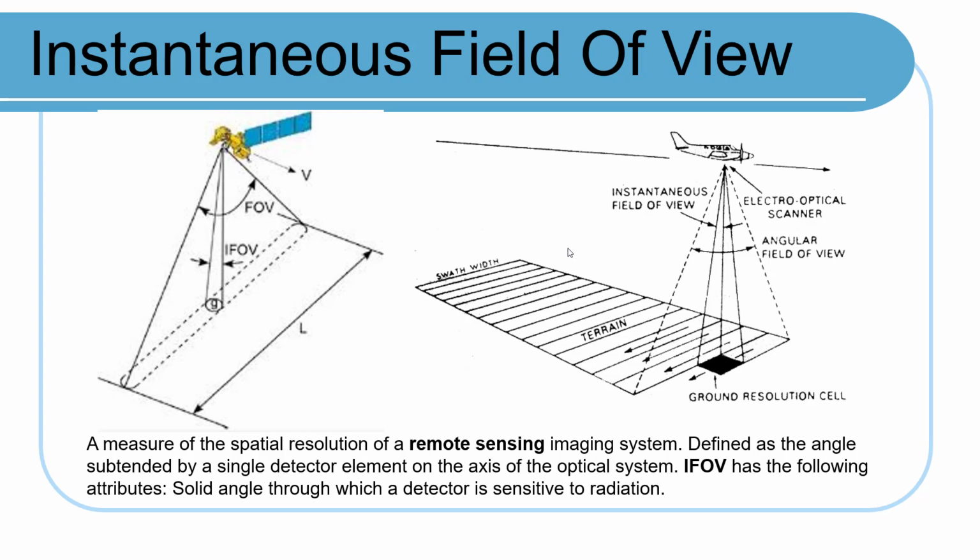So it's really the angle that is subtended by a single detector element on the axis of the optical system. So an IFOV has a solid angle through which a detector is sensitive to radiation. On the left, the IFOV is shown as a circle on the ground. And then on the right, you can see that one ground resolution cell has been colored in black.